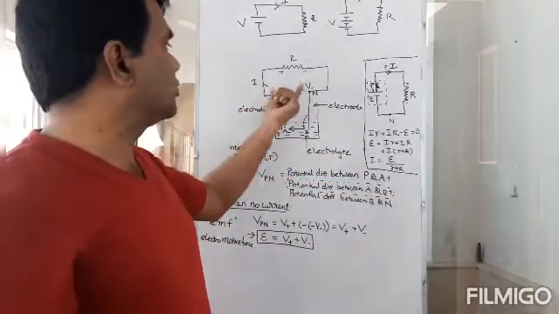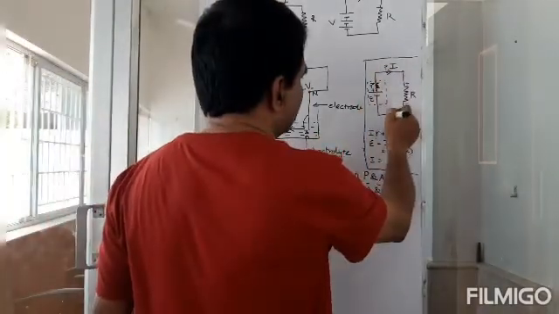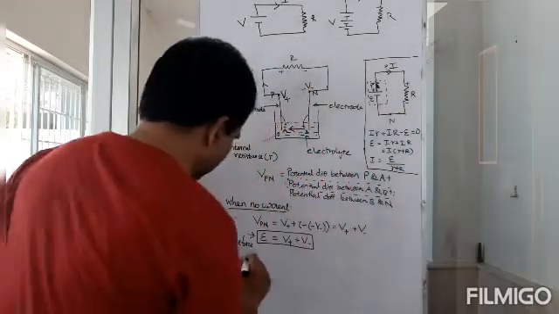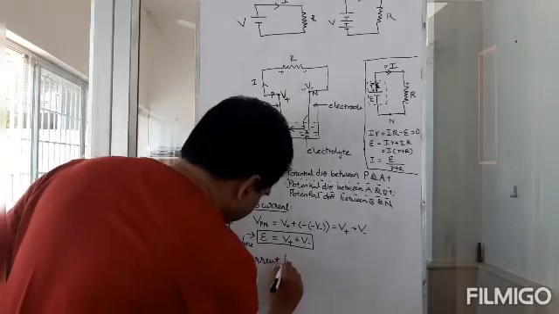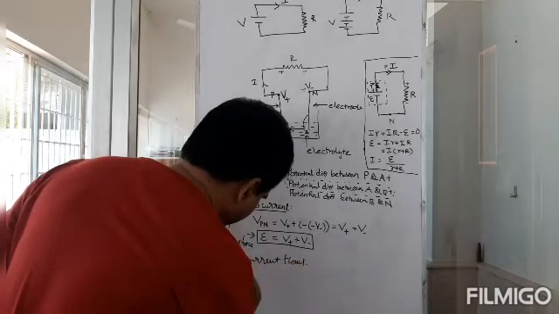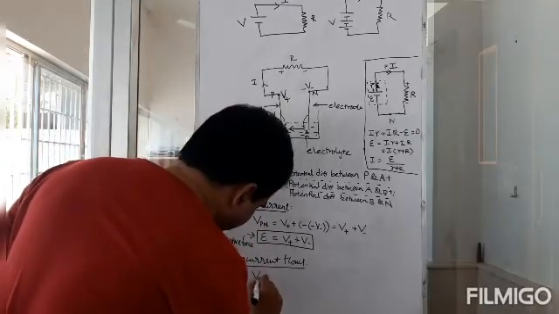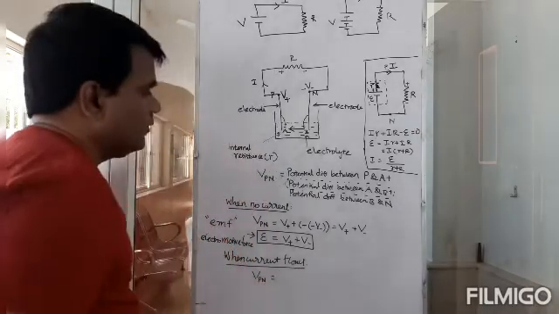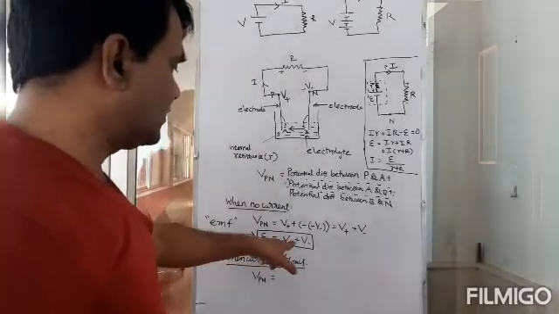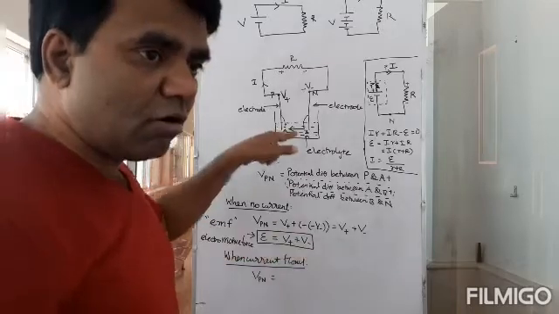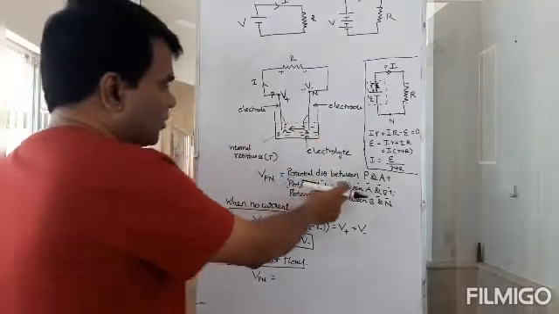Okay? Now what would be the potential across this terminal? The potential across this terminal will be equal to I into R right now, when current flows. Then what is your V_PN? That is equal to V plus, V minus, and also the potential drop due to this, right?